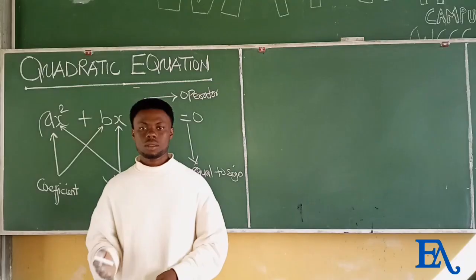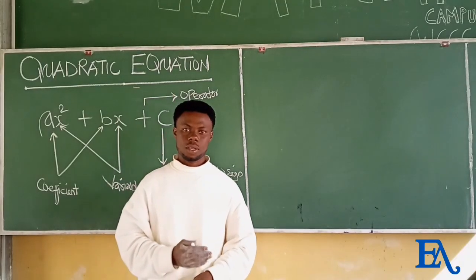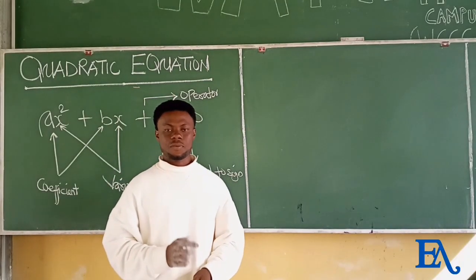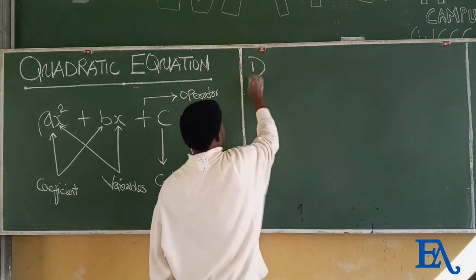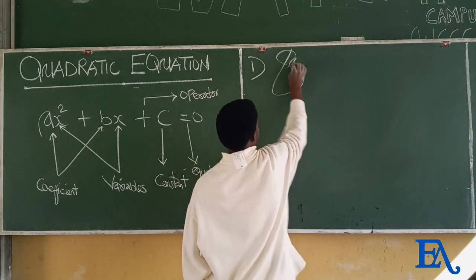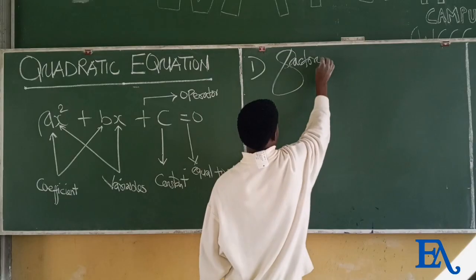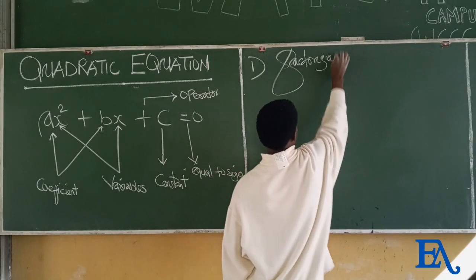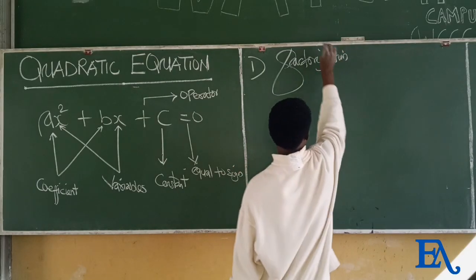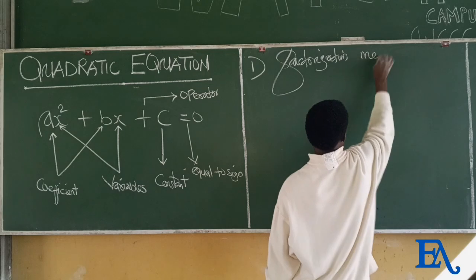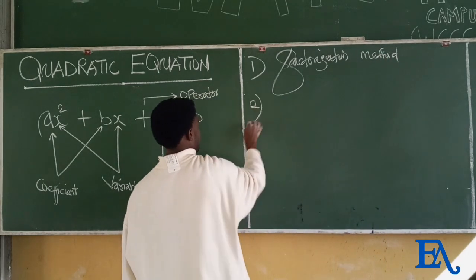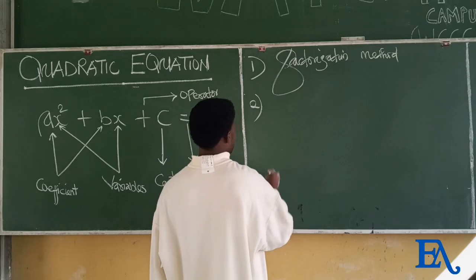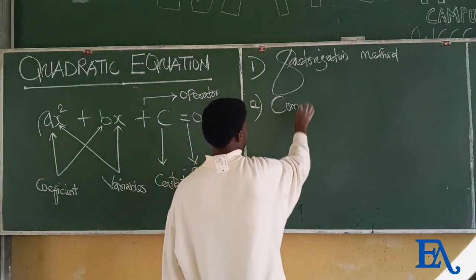Basically, there are 4 methods used in solving a quadratic equation. The first is the factorization method. The second is the completing the square method.